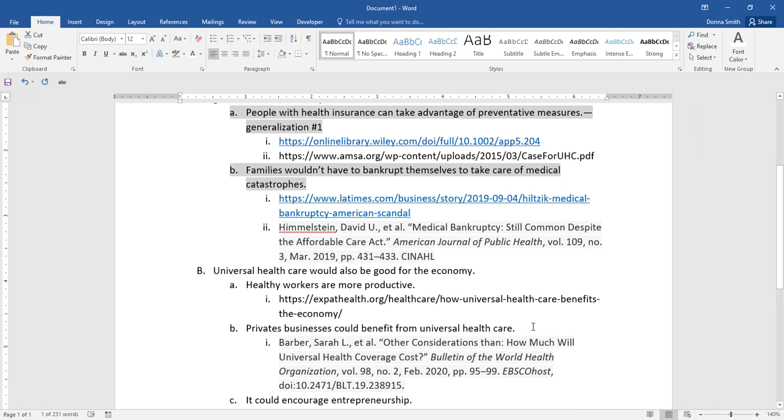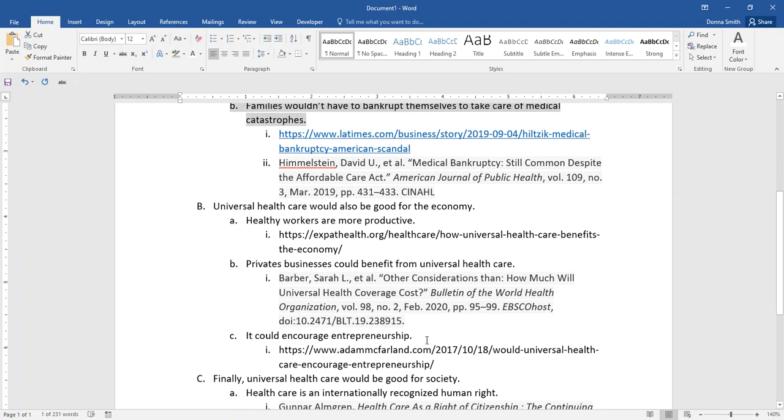Private businesses could even benefit from universal health care because they won't have the burden of providing insurance for their employees. It also helps the economy because it could encourage entrepreneurship. So 3 answers to this question, and then under each answer I've got sources that I will tap when I get ready to actually write the paper.